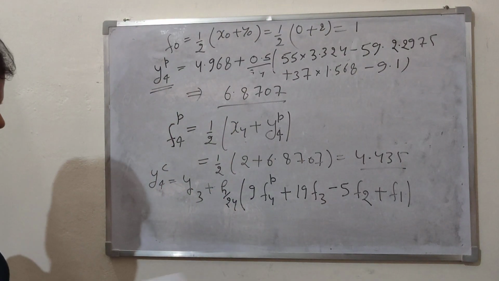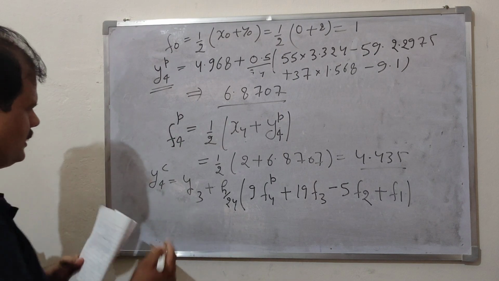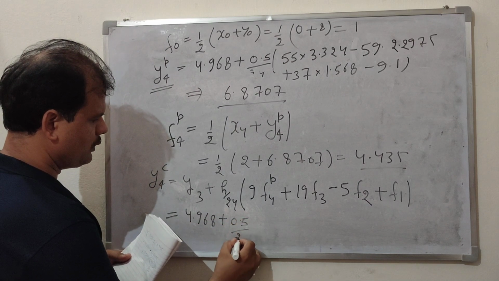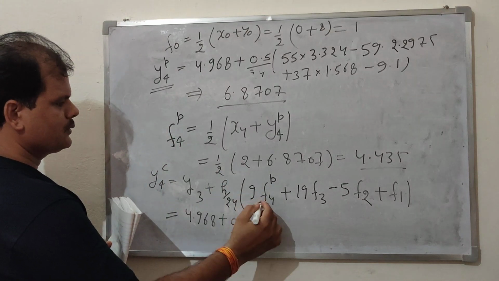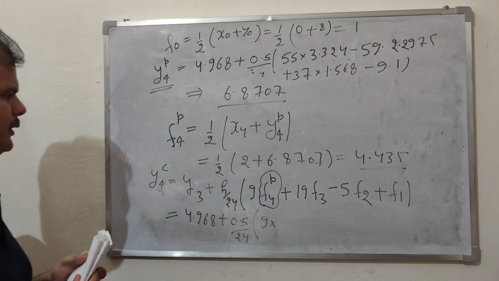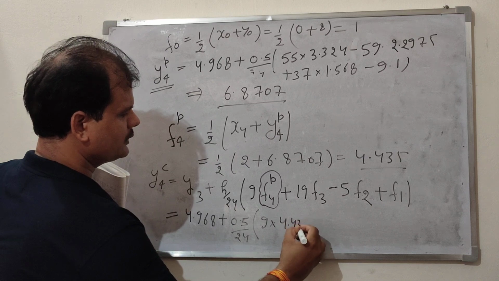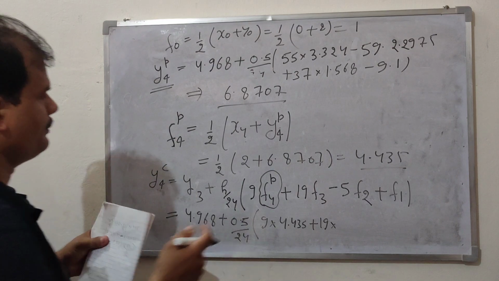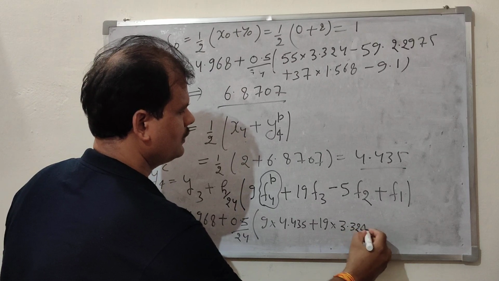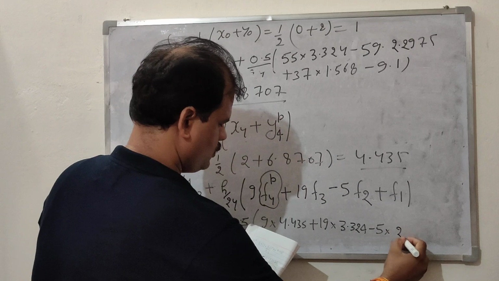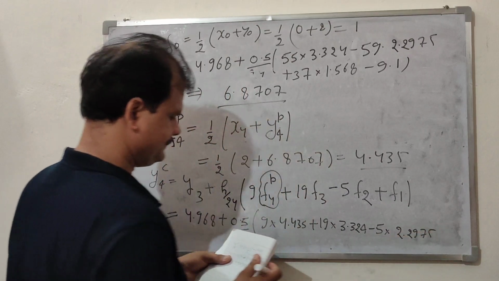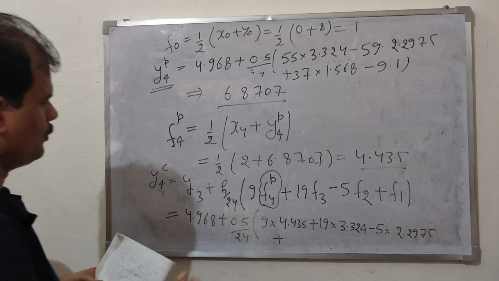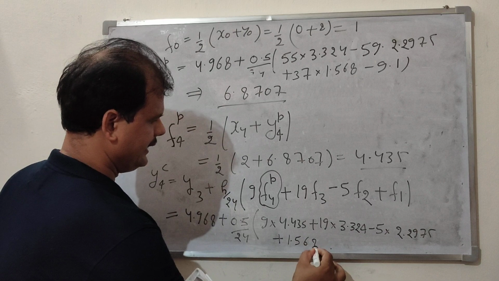Now substitute the values. y3 equal to 4.968 plus h equal to 0.5 by 24 into 9 into f4p, a term we have calculated using the predictor value, so 9 into 4.435, plus 19 into f3, where f3 equal to 3.324, minus 5 into f2, equal to 2.2975, and plus f1, where f1 is 1.568.